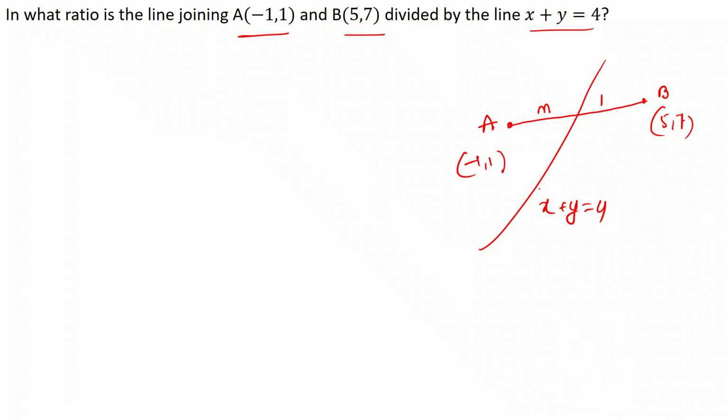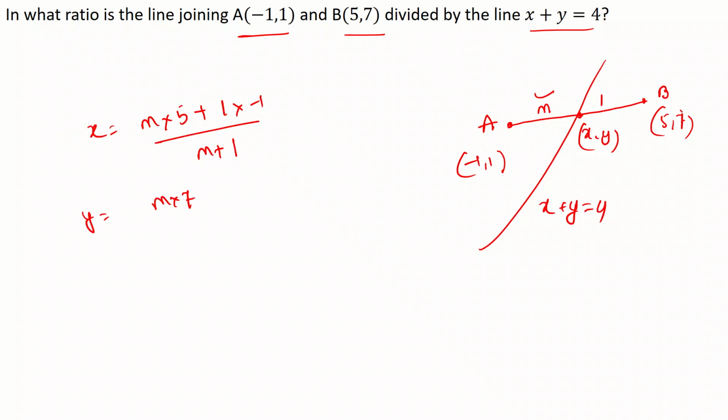Okay, so assume that this point is x comma y. So what I can do is write down x is equal to (m into 5 plus 1 into minus 1) divided by (m plus 1), and y is equal to (m into 7 plus 1 into 1) divided by (m plus 1), the sum of the ratio.